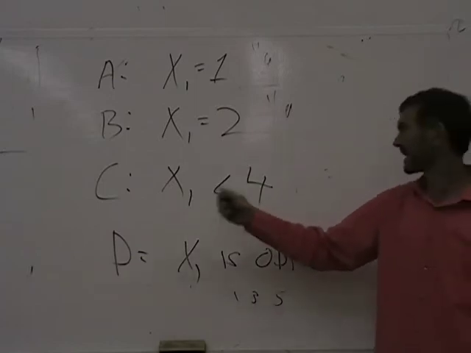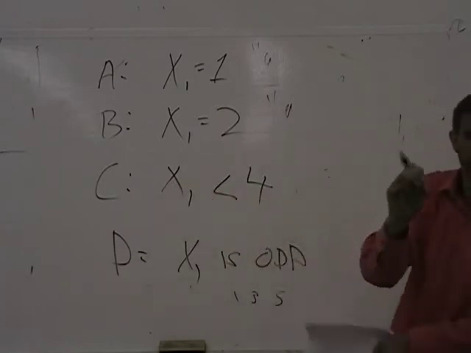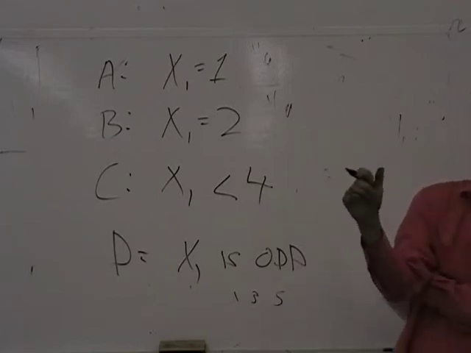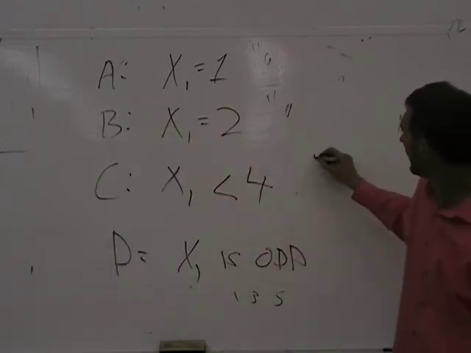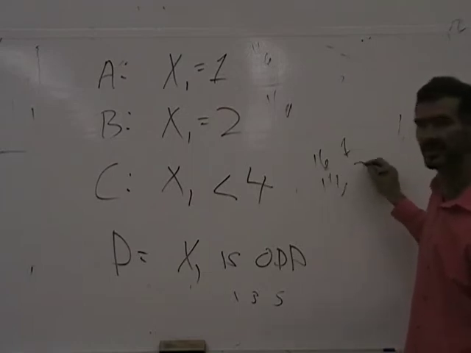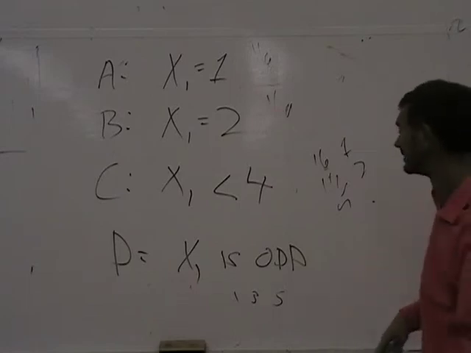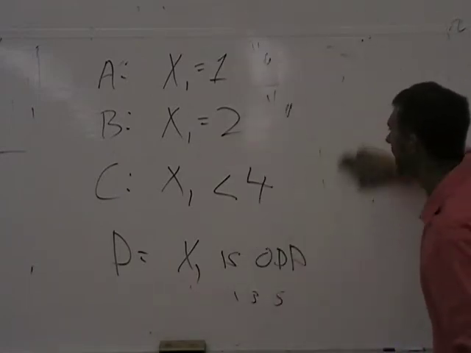It has 0 probability in general, but it has 1/6 at 1, and 1/6 at 2, and 1/6 at 3, and 0 everywhere else, like negative infinity, 0 probability.